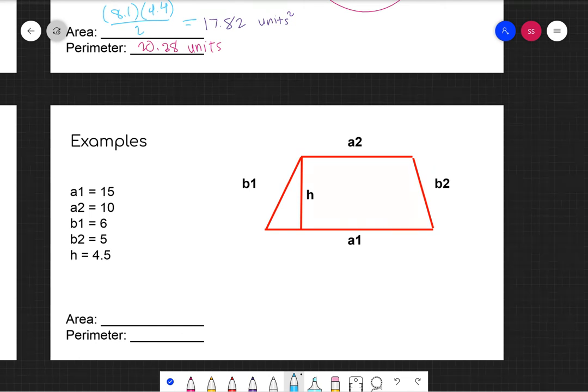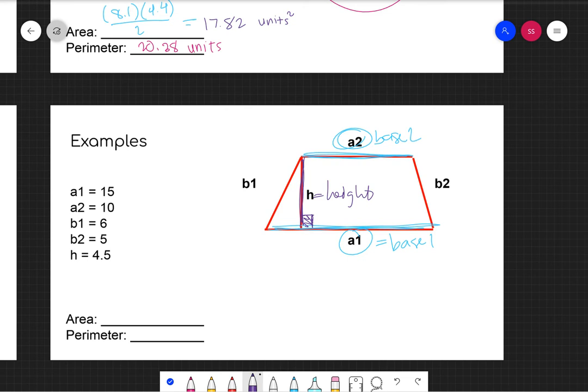But if we look at the other two sides, A2 here and A1 here, those are parallel, which makes this one of our bases. We'll call it maybe base 1. And this would be our second base, base 2. Our height then would be the line that connects those two in a perpendicular fashion, which would be this line right here. Well, that's actually called H, which is convenient.